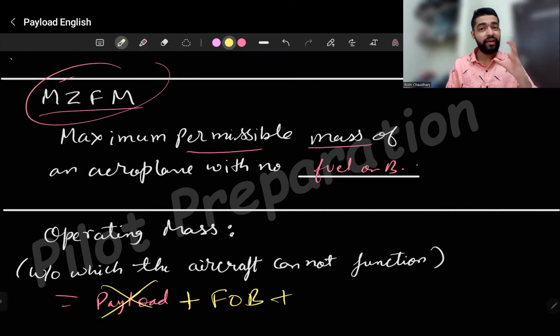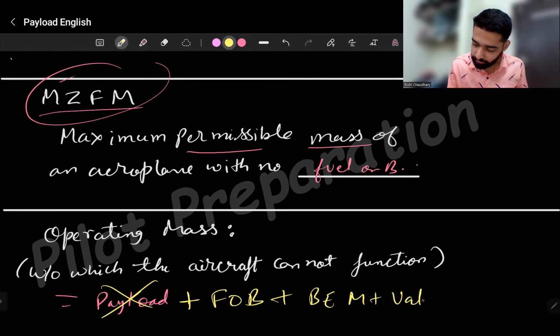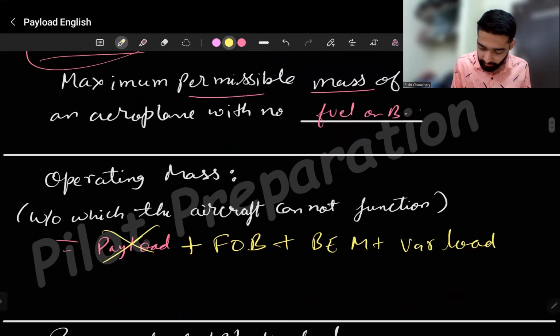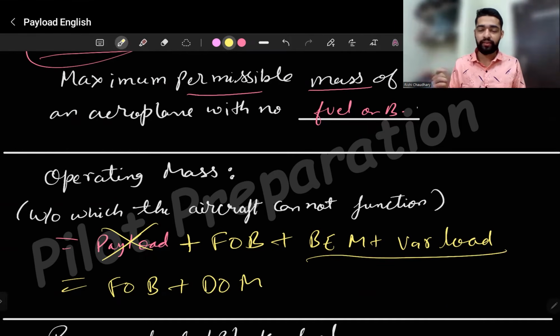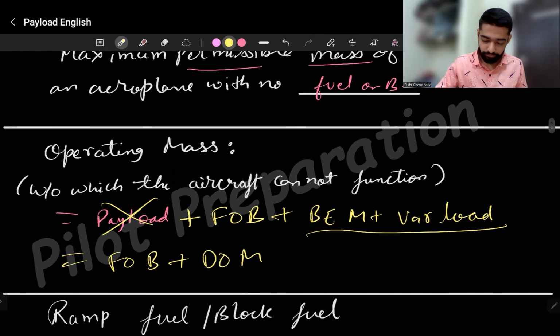Plus I also need basic empty mass, and I also need variable load. I also need my pilot, isn't it? I also need my crew with me. So I need basic empty mass plus variable load. So what I can say, this is nothing but FOB plus dry operating mass. This is nothing but dry operating mass, isn't it? So I got these two.